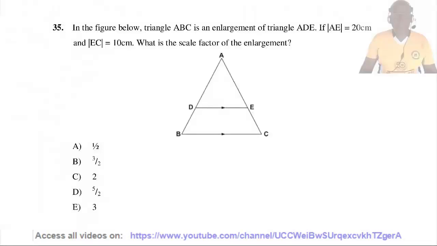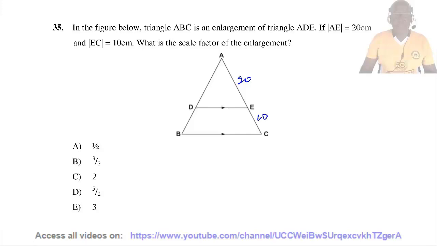Question 35. In the figure below, triangle ABC is an enlargement of triangle ADE. If magnitude of AE equals 20 centimeters and magnitude of EC equals 10 centimeters, what is the scale factor of the enlargement? Magnitude of AE equals 20 and magnitude of EC equals 10.